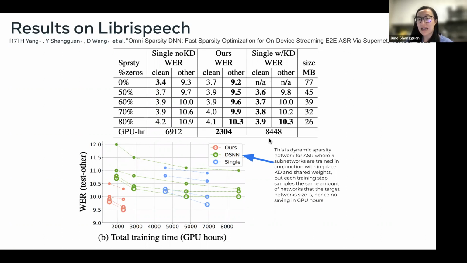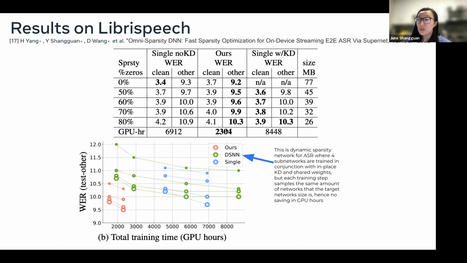So that's the last column of this table, where we take the originally singly trained model from the first column and apply KLD with the dense model. We see better results on test clean of the LibriSpeech dataset, but we do not see better results on test other compared to our omnisparsity model. Not to mention that this model requires 4 times more GPU hours to train than the omnisparsity model.